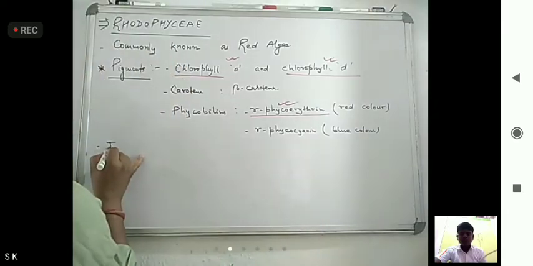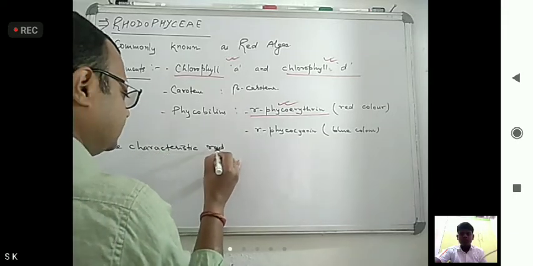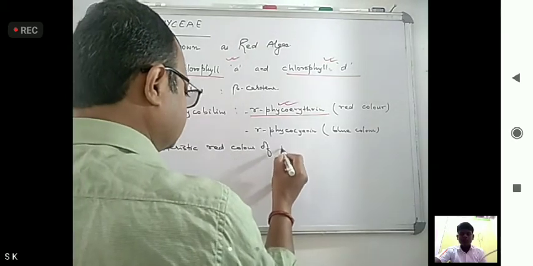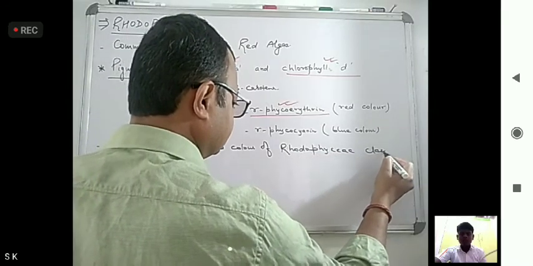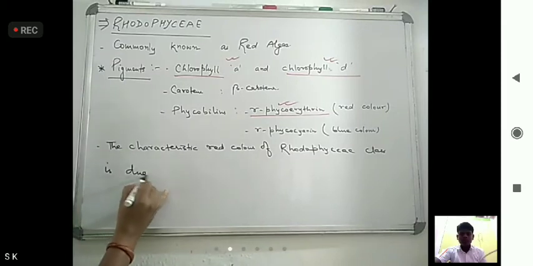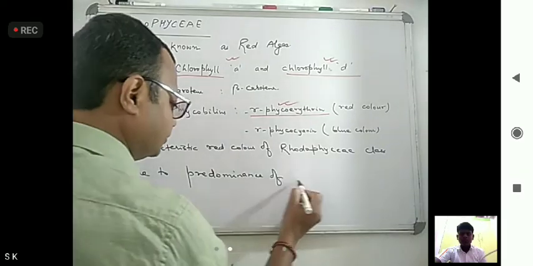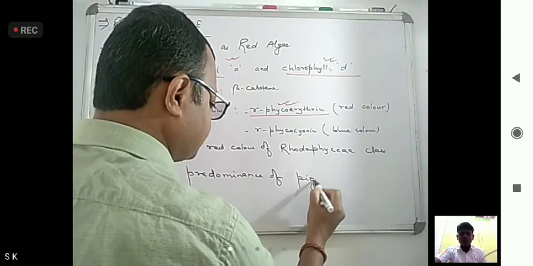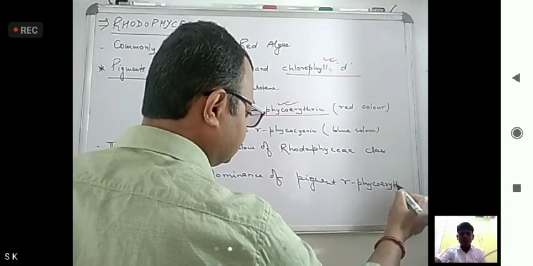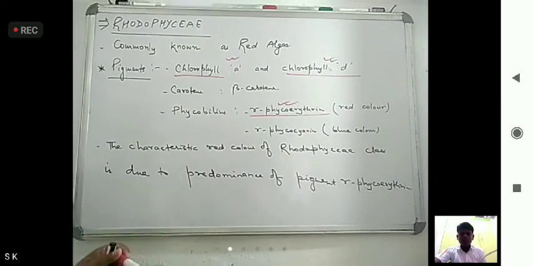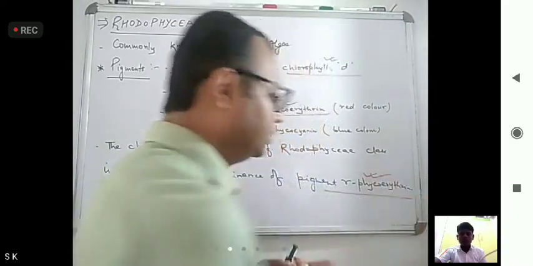The characteristic red color of the class Rhodophyceae is due to the predominance of the pigment R-phycoerythrin. This is a medical question. What is the pigment giving the characteristic red color of Rhodophyceae? That is the pigment R-phycoerythrin.